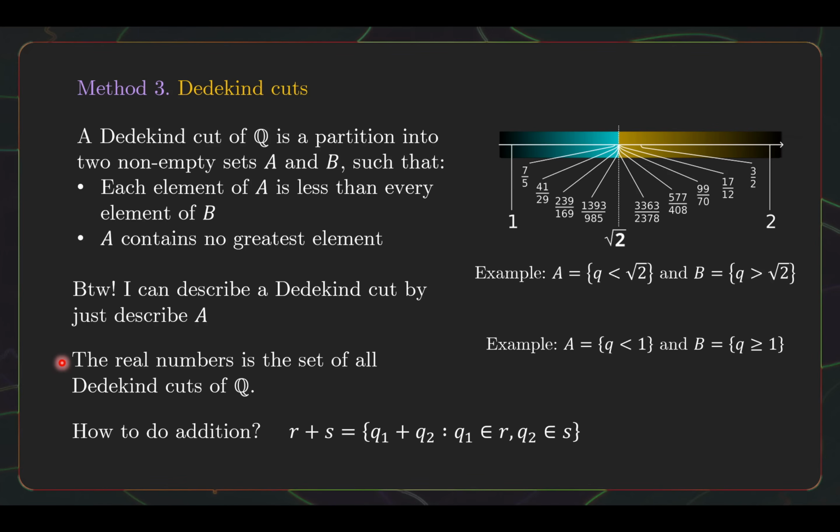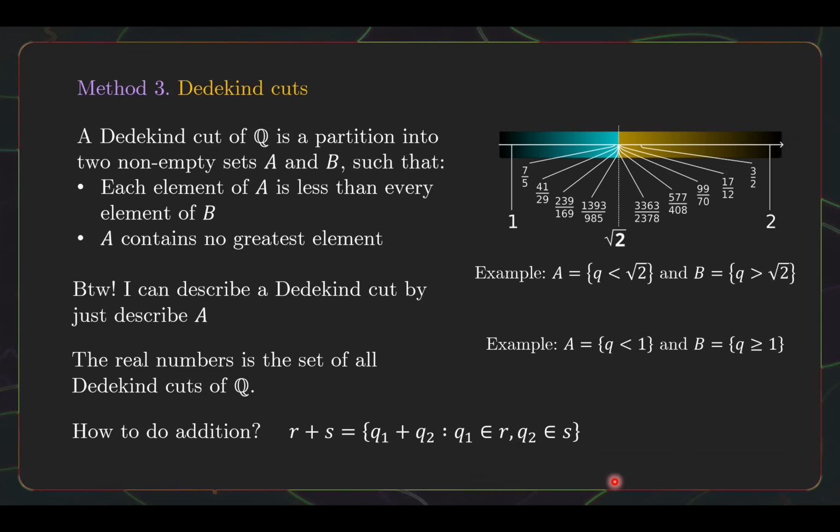But to give you a flavor, how might you do addition with this definition? This definition tells us a real number is basically a left side set of the rational numbers. So let's say R here is a real number, but it also corresponds to a set, the left side set of the rational numbers.